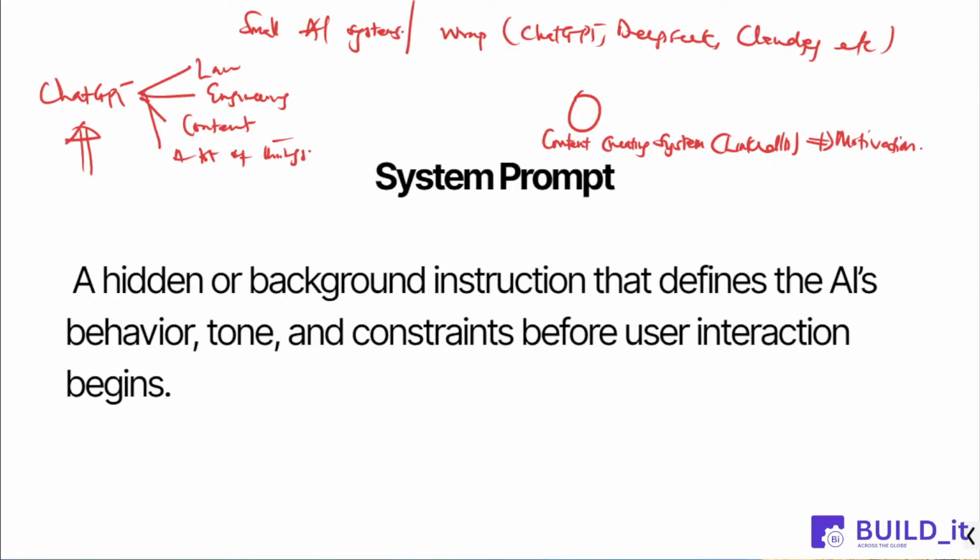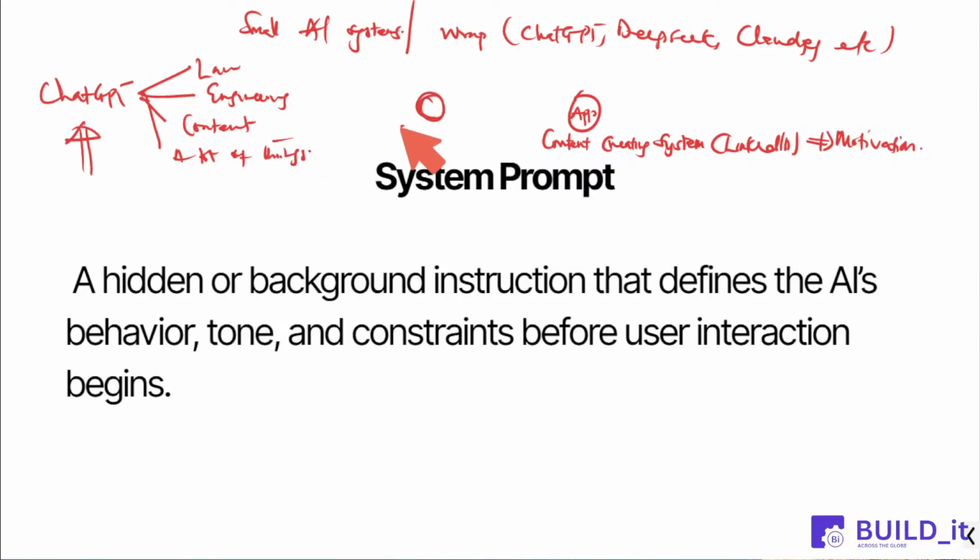But for you to make ChatGPT work in this system, let's say an app or a website, and generate the specific type of content around motivation on LinkedIn, you'd have to create a system prompt.